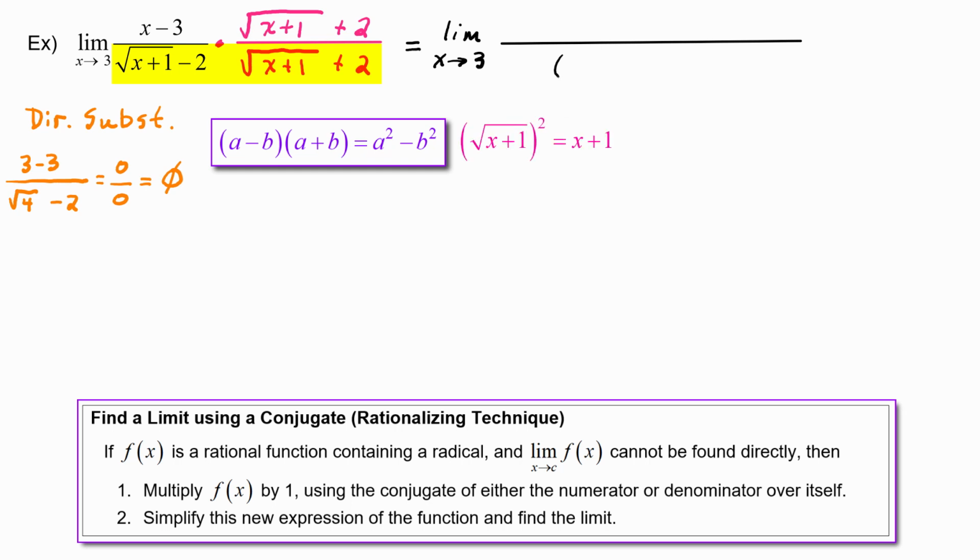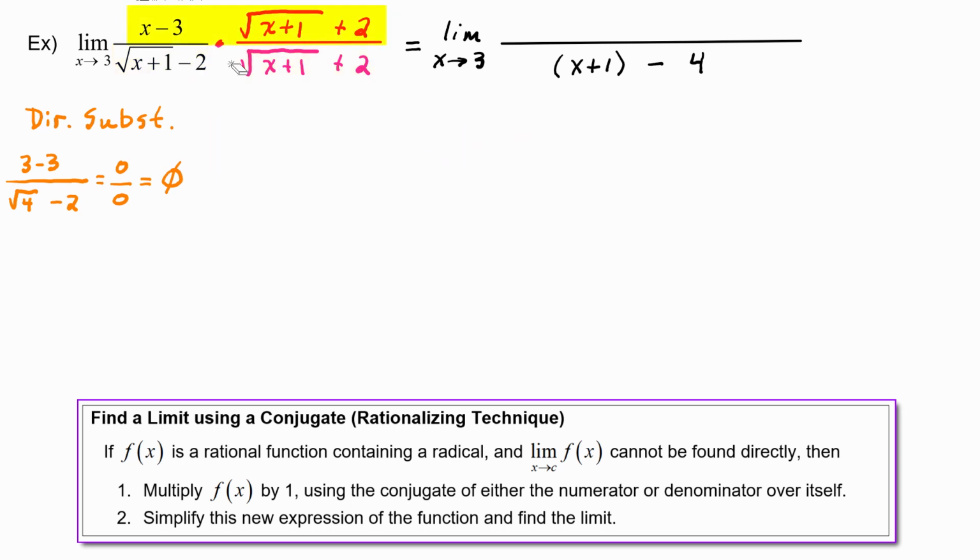So we would get x plus 1 minus 4. Remember that in the numerator, we want to leave that in its factored form because we hope something will cancel. So we will leave this as the quantity x minus 3 times the quantity radical x plus 1 plus 2.